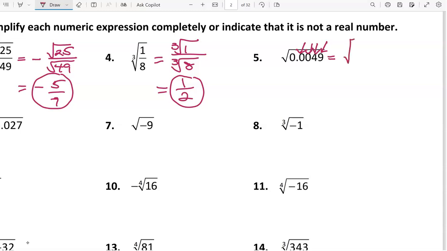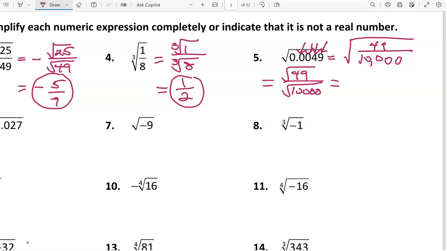So what we really have is the square root of 49 10,000ths, and that is the square root of 49 divided by the square root of 10,000, and that would be 7/100, which, if we re-express that in decimal form, is 0.07. Either one of those two answers are fine.